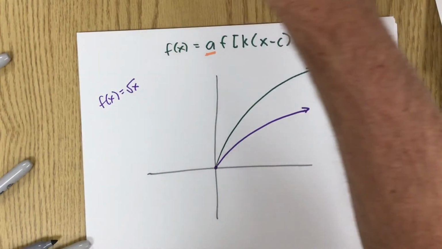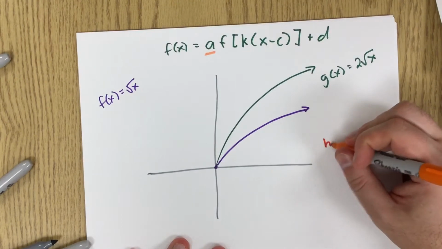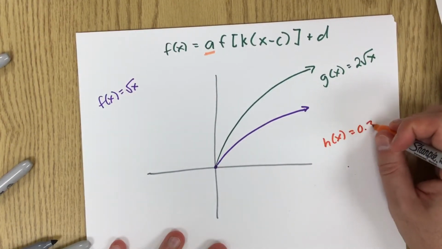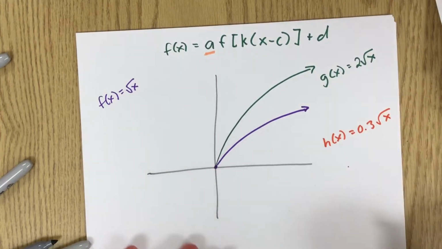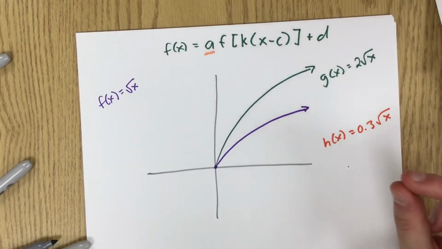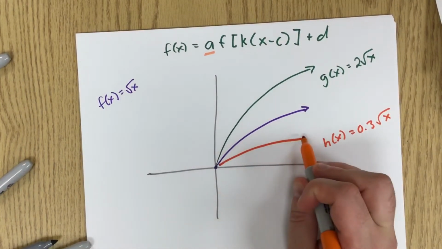Conversely, if we had, what color might be different here? So we'll use a different letter. Let's say we have h of x is 0.3 root x. So what happens is if it's less than 1, it's been compressed. So it's going to be something like this over here.